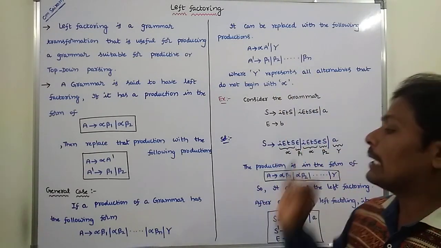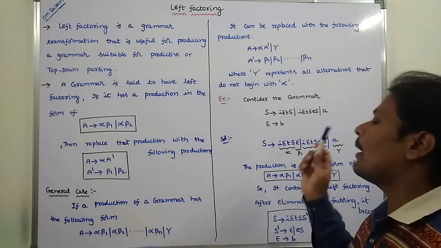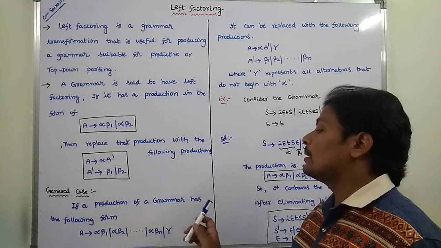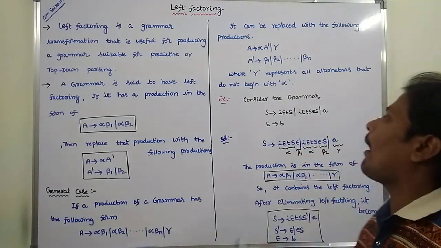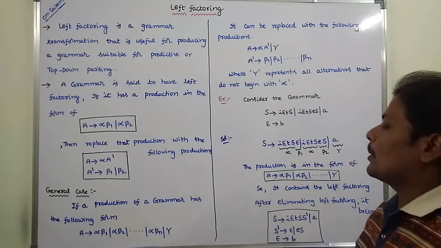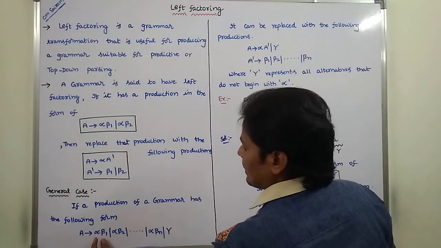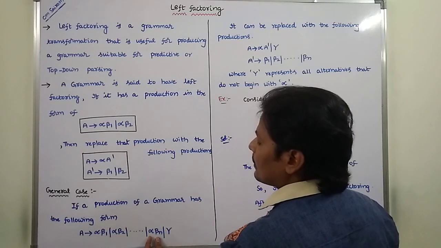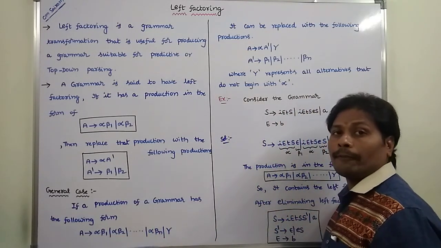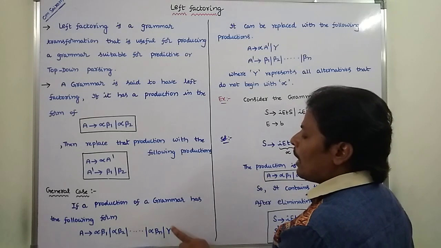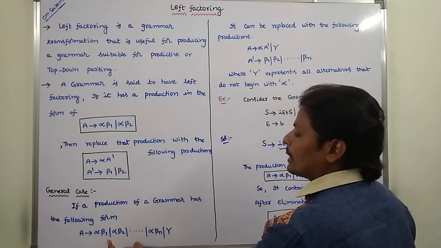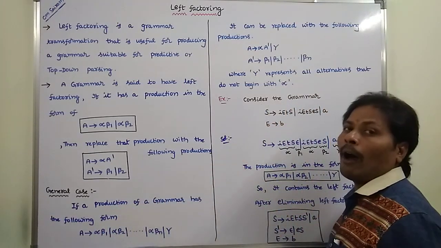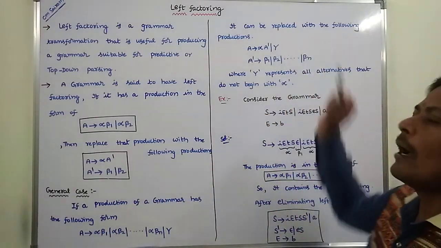Here gamma represents all alternatives in the right hand side of a production that do not begin with alpha. This part starts with alpha, this part starts with alpha, this part starts with alpha, and the remaining alternative that does not begin with alpha is gamma.